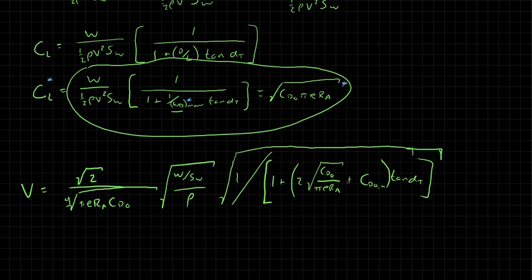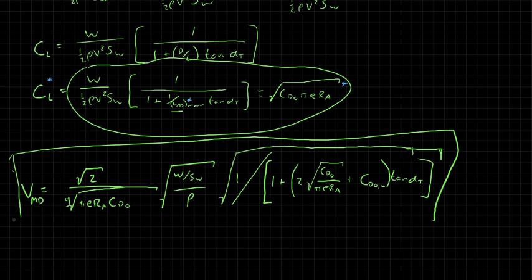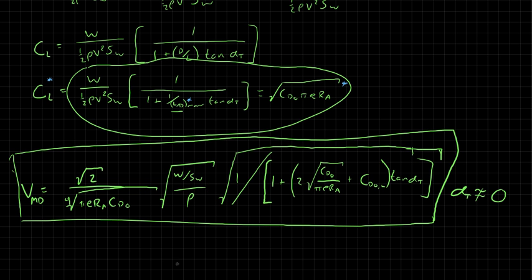Sorry, this extends there. Okay. And so this is the velocity at which the L over D is maximized and the thrust required is minimized for an aircraft with a non-zero thrust angle. So again, this is known as the minimum drag airspeed, just like it is with a small thrust angle. But the key here is that this, of course, is for alpha sub t not almost equal to 0.